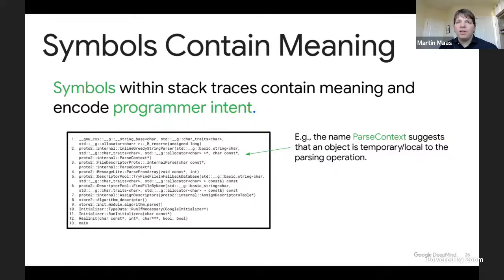For example, in the stack trace, we see that there is a parameter named parse context, and it's possible that context indicates this is short-lived, because the context oftentimes does not survive the entire duration, but is only a temporary function of the program.